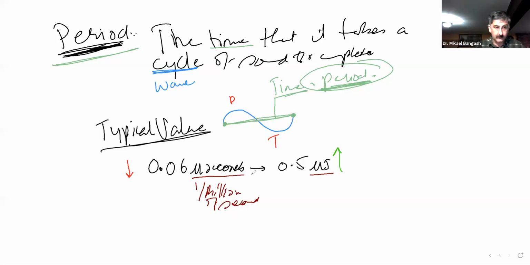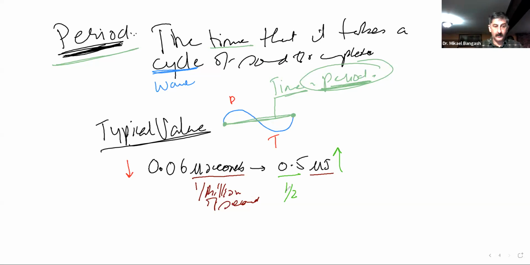Is that clear? Now, if you look at the maximum, 0.5 microsecond actually means half of a microsecond, right? Half of a microsecond.